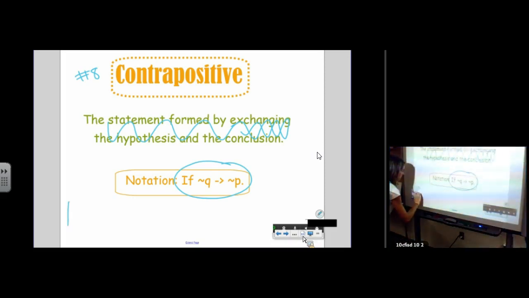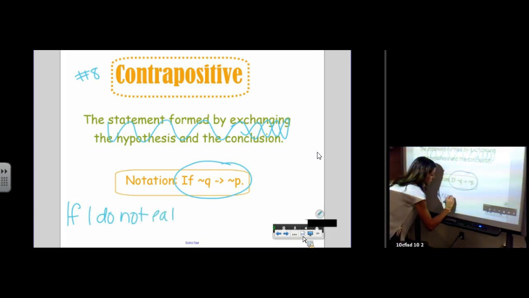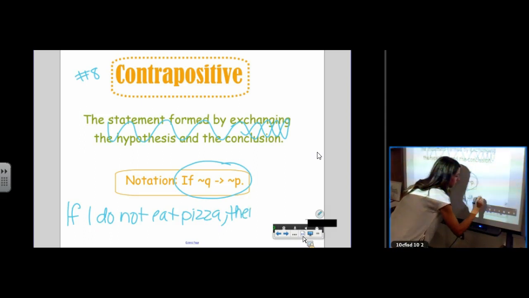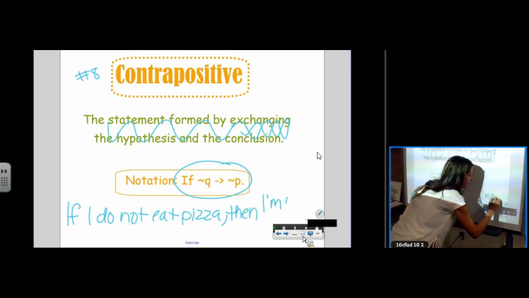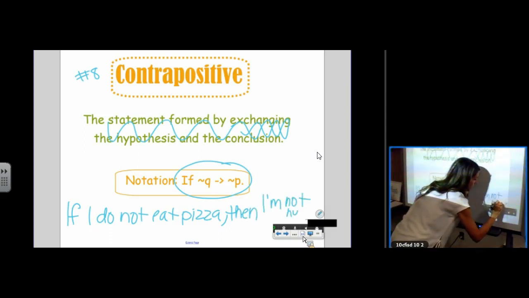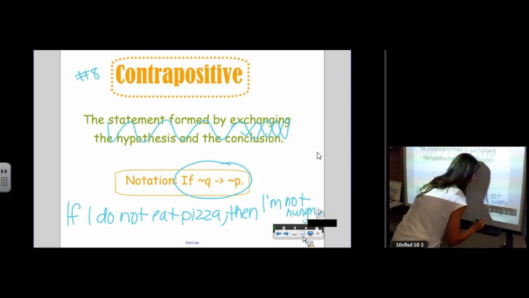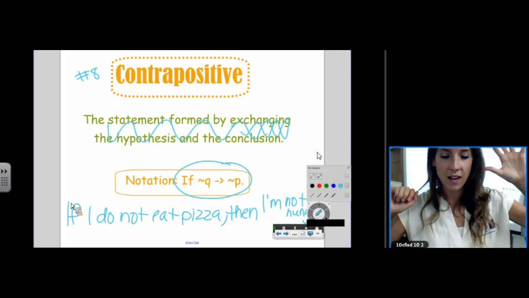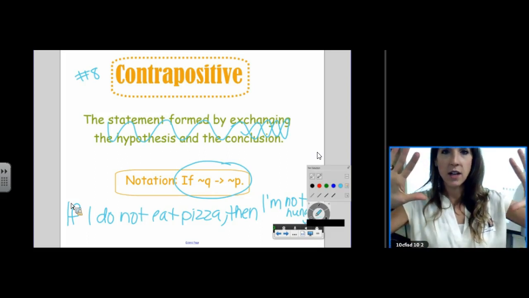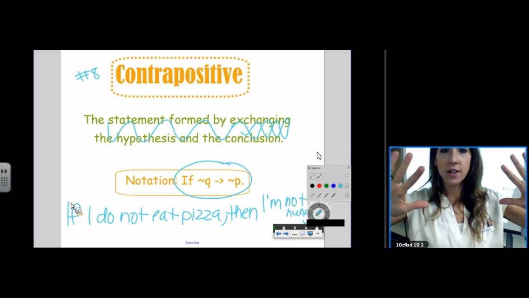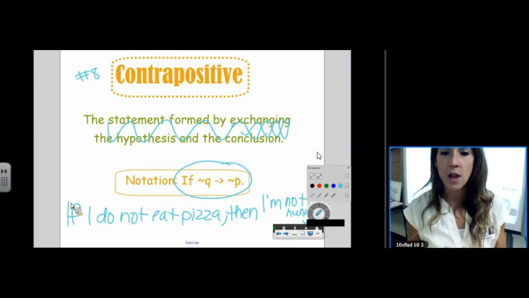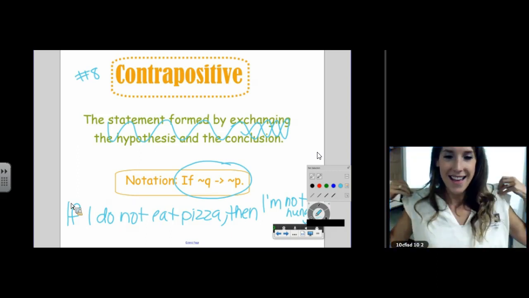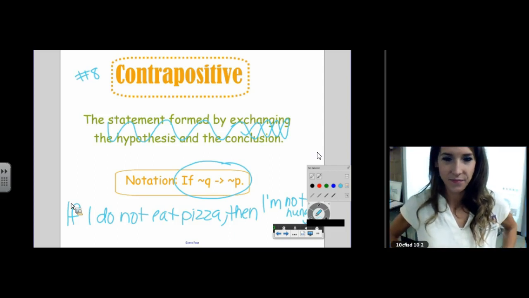So, if I do not eat pizza, then I'm not hungry. So a contrapositive is like a converse and an inverse hybrid. It's both a converse and an inverse. You do both things to it. It's called a contrapositive.